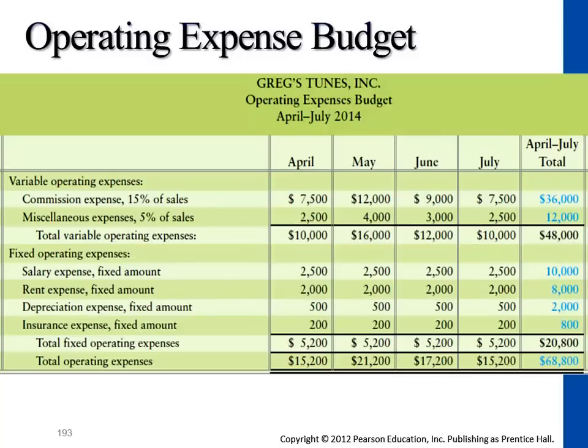Right, so this also goes back to Chapter 19 when we characterize expenses into either variable or fixed. So the upper portion of variable expenses, when sales goes up, the commission expense goes up, miscellaneous expense goes up. As opposed to that fixed portion here, you can see that it's a recurring amount every single month.